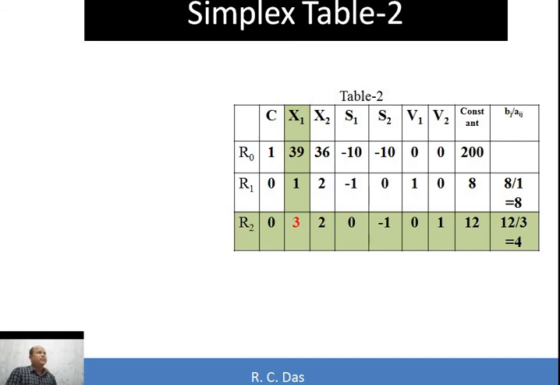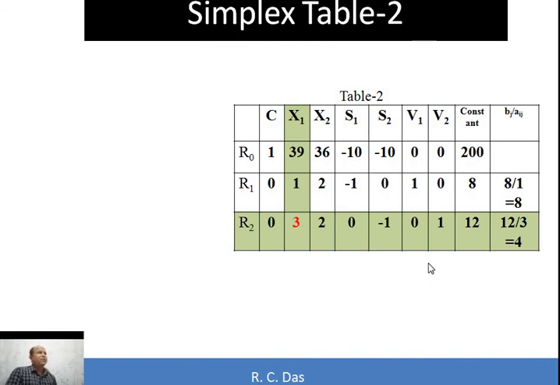Well, from table number 2, we have to search for the final solution through the process of pivoting. The pivoting process includes, first, identifying the pivot column.